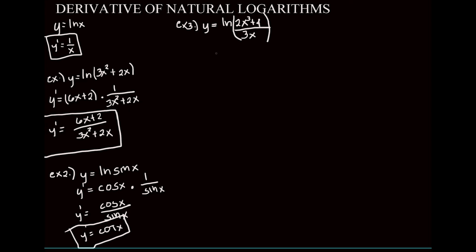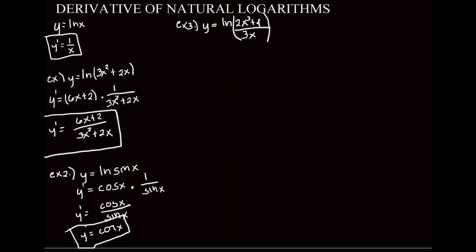So again, guys, we're now going to have y is equal to ln of 2x cubed plus 4 over 3x. So we still have an inner function and an outer function.